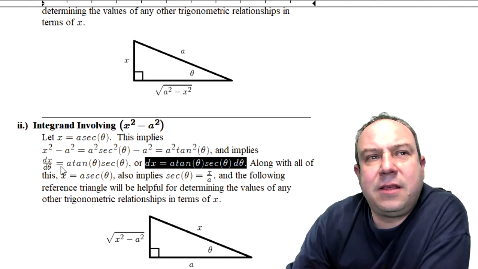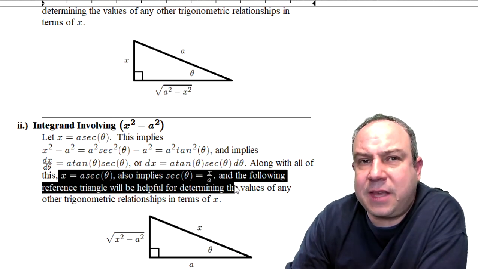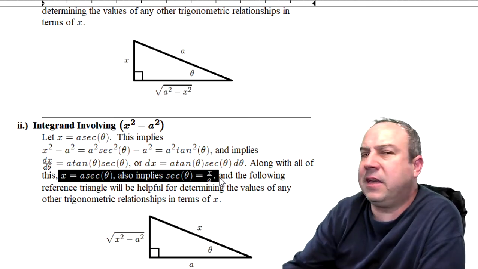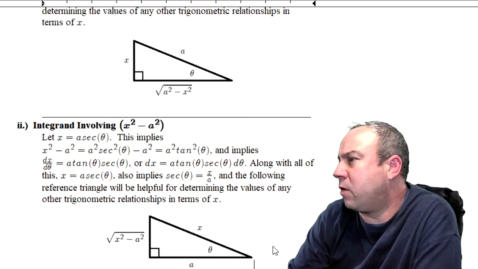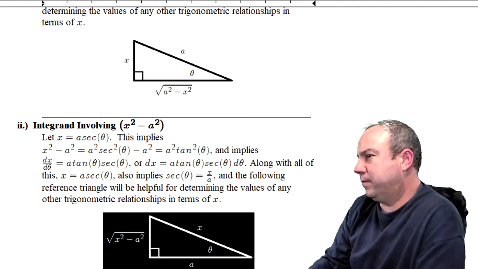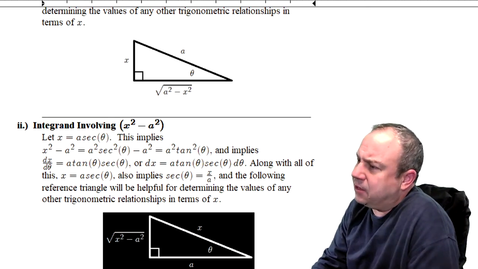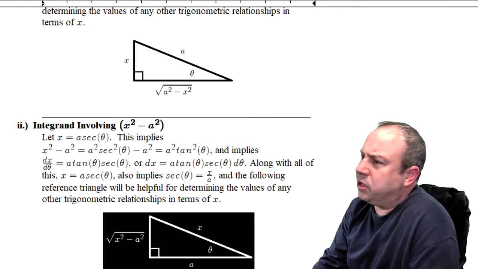And then having x equal a secant theta will also imply secant theta equals x over a, and gives us this following reference triangle seen down here, which will help me write my final answer in terms of x for this particular case.